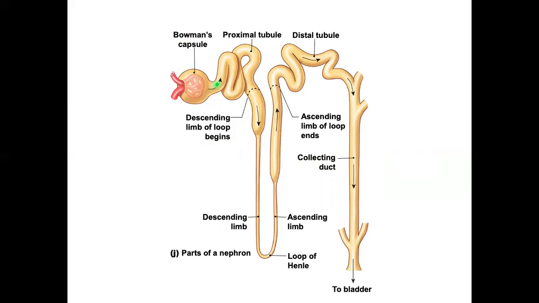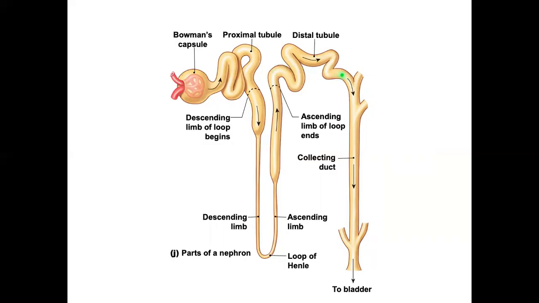The segment that comes next is your proximal convoluted tubule. And then your loop of Henle. So going down is called your descending limb of your loop of Henle, and then going up is called your ascending limb of your loop of Henle. And then your distal convoluted tubule.